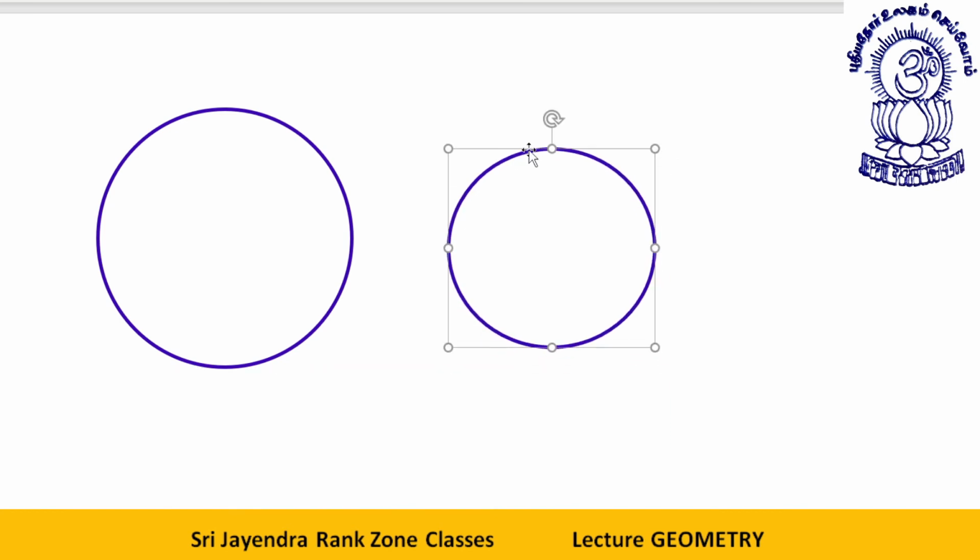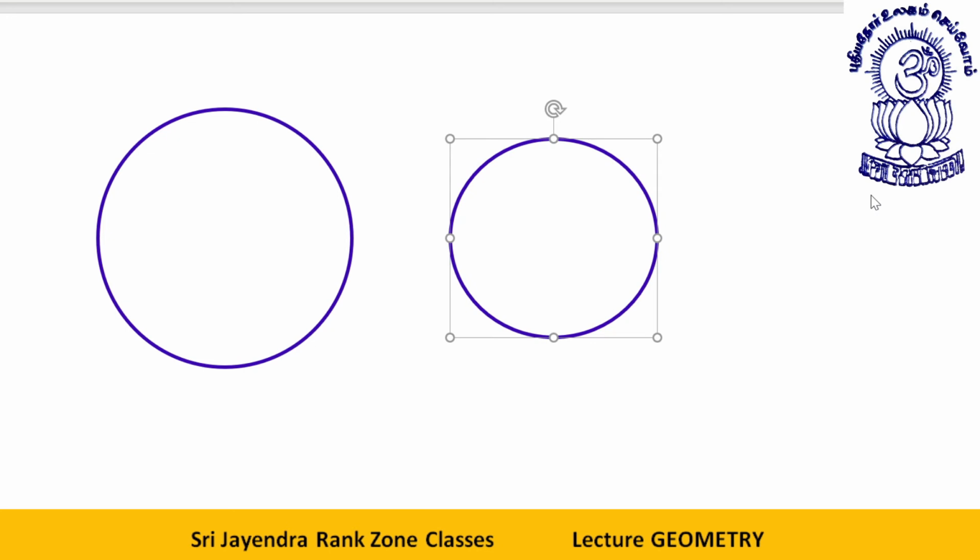This theorem is actually easier. Now I take a line which is tangent to both. I draw a line segment that is tangent to both of these.